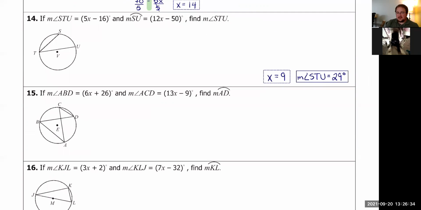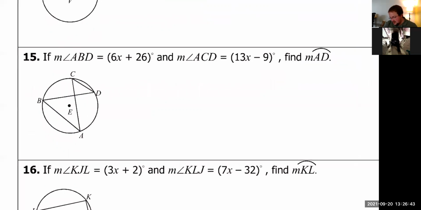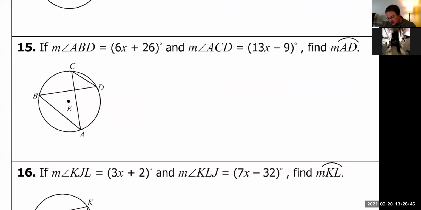Number 15 is awfully sly, just because of how the information is presented to us, how it's set up, and then what it's actually asking us to find. Taking a look at this diagram here, we are given the measure of angle ABD, which is right here, as 6x plus 26.